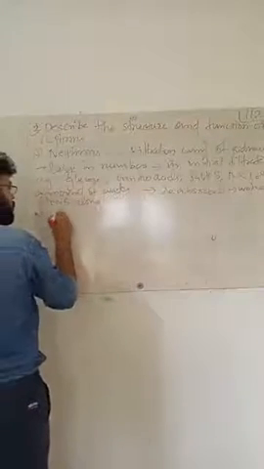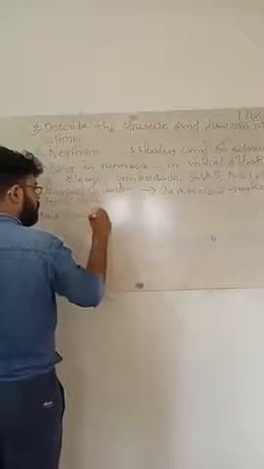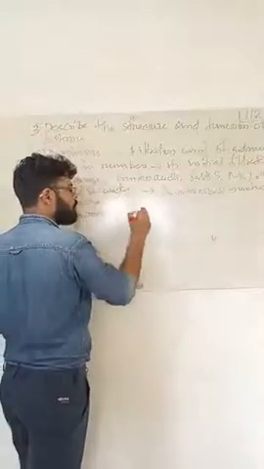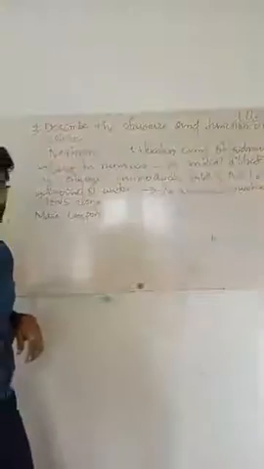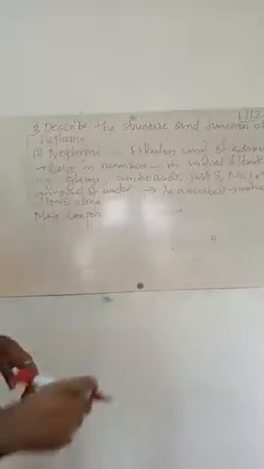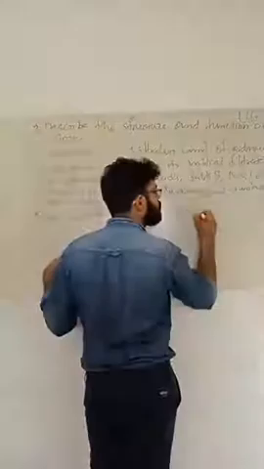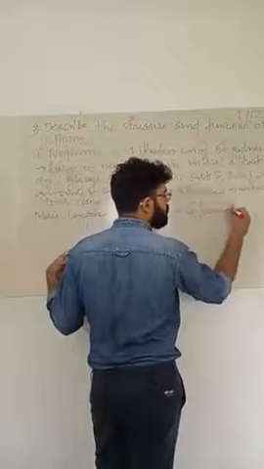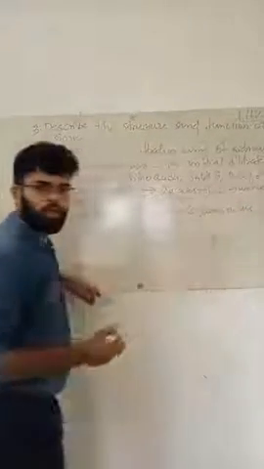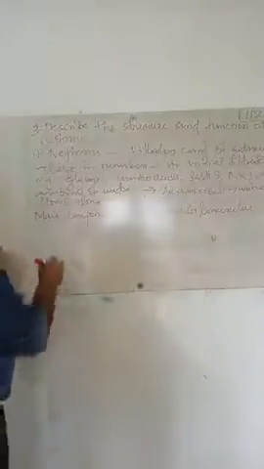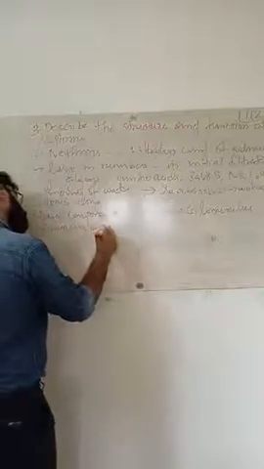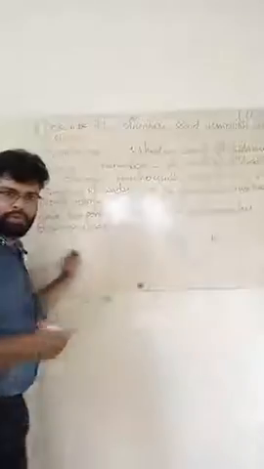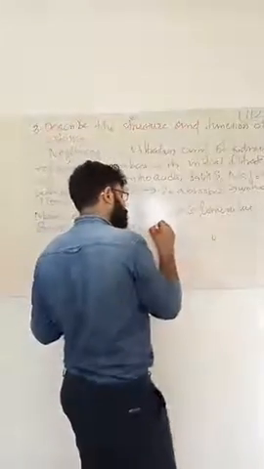Then the main components of the nephron are the glomerulus, Bowman's capsule, and the long renal tube.